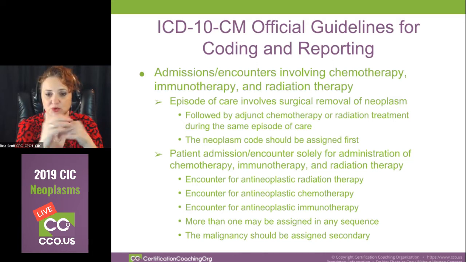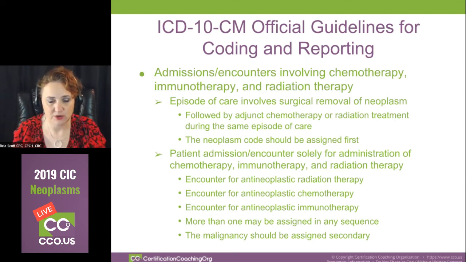Okay, that makes sense. So don't let primary, secondary, first, second, all of that stuff confuse you. You have to go back and see what it's related to, what it's being assigned to. But always know the key is, why is the patient being seen that day?